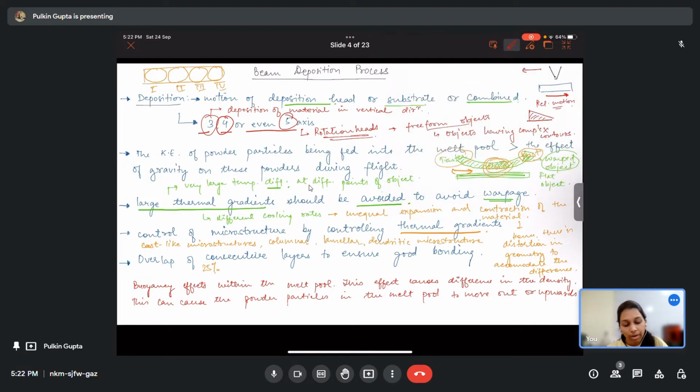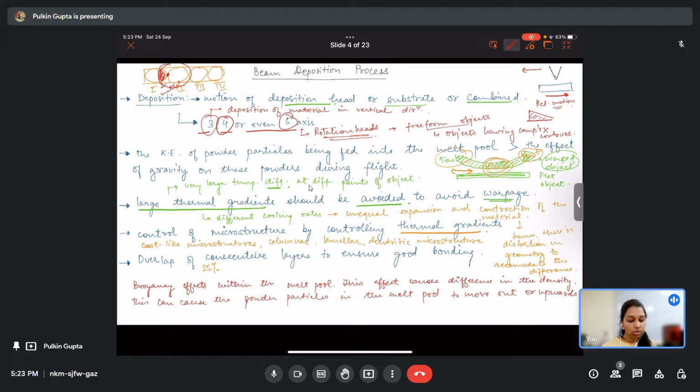So now when your track 2 is being deposited, 25% of your track 1 should be melted. So this portion should be melted. Now why so? If it doesn't melt, then you will be having only this kind of a point contact. But if it melts and solidifies with the second track, what will happen is you are going to have a better bonding.